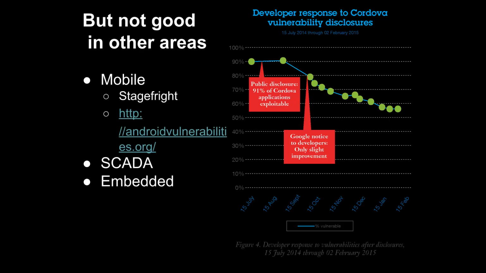SCADA and embedded are also very poor for responding to vulnerability disclosures. And the graph on the right is the Cordova vulnerability that affected Android systems, and it tracks the timeline of the vendor response as well as the customer's implementation of the patch.